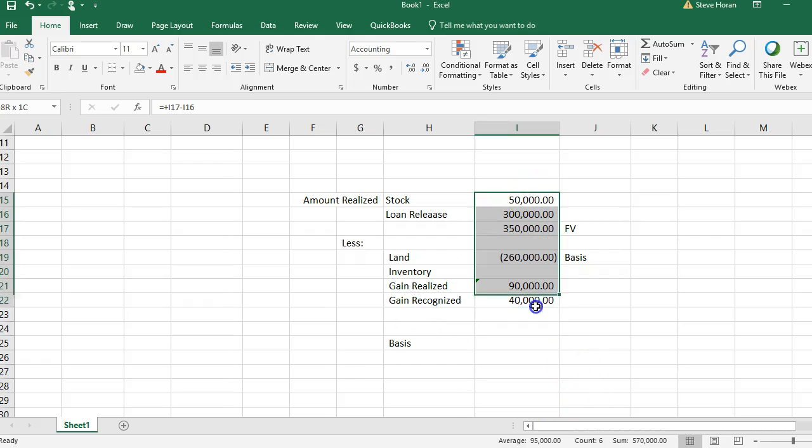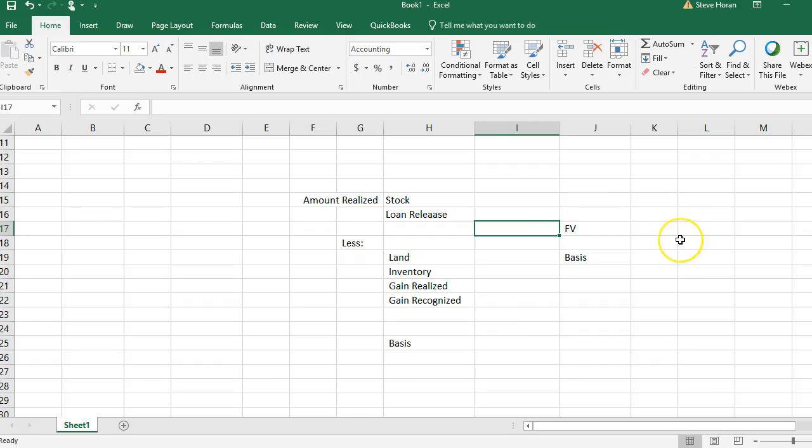Okay, so I'm going to get rid of these numbers here. We'll start out with some new numbers. So let's go ahead and put in the fair market value of the equipment that Yvonne is kicking in, 165. Now, with this one, though, instead of loan release, I'm going to type in cash.